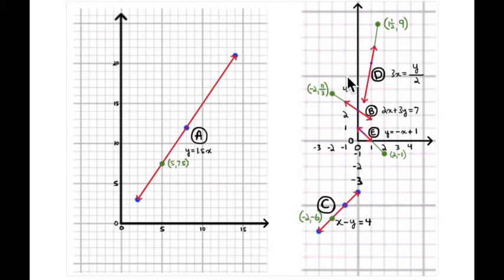This line right here crosses -2. So for x equals -2, what's y going to be equal to? Well, 2 times -2 is -4, and 7 plus 4. So you have to add 4 to solve this, or move that -4 over to the other side, where you add 4, so 7 plus 4 is 11.